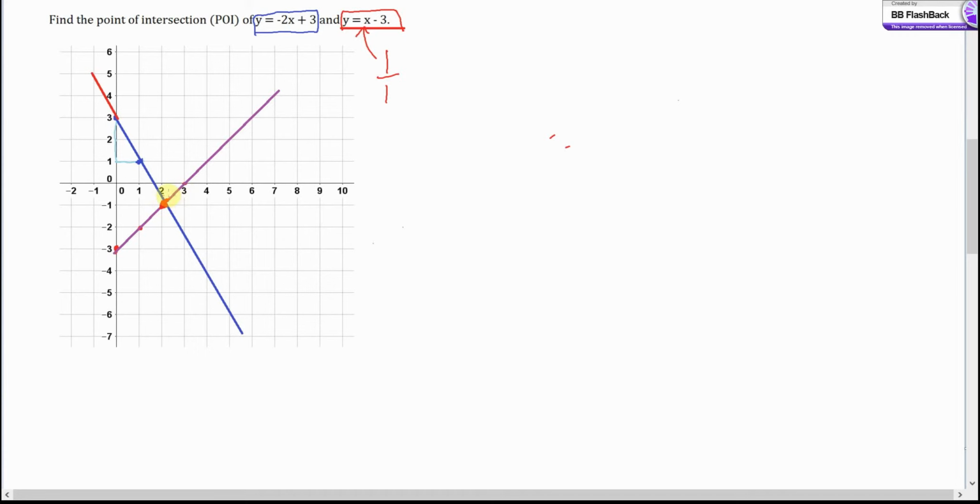And it looks like the x value is 2, and the y value is negative 1. If you wanted to write a sentence, the point of intersection is 2, negative 1. Okay.